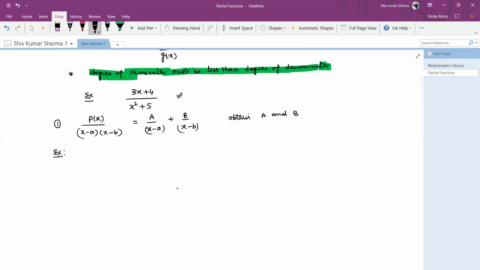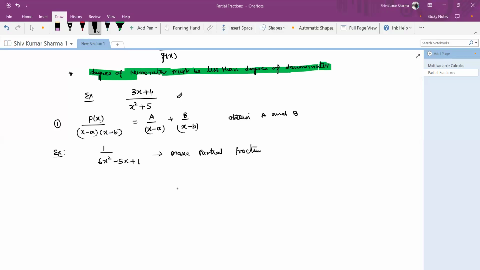Suppose we have a function in this form: 1 upon 6x square minus 5x plus 1. Make partial fractions of this. The first thing to remember is that the denominator given is a degree 2 function, so we make it into linear functions.